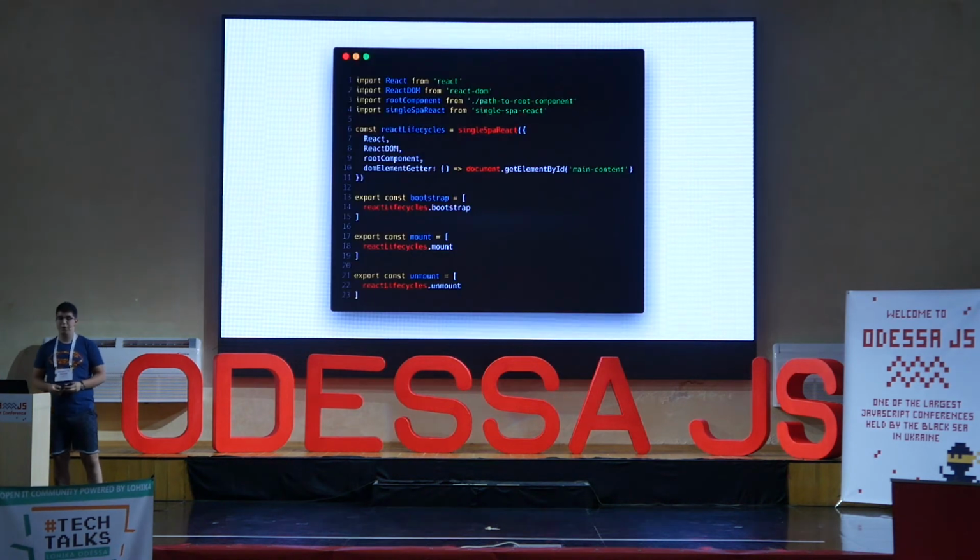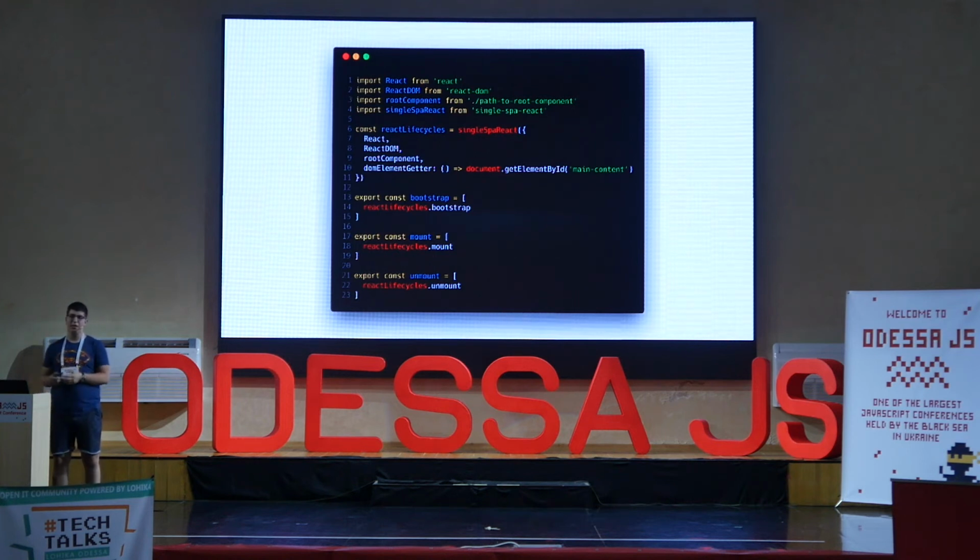Single SPA has a bunch of sub-modules that allow us to use React, Vue.js, and Angular. So for example, here, this is the single SPA React module that just gives you some code for easily bootstrapping, mounting, and unmounting the React app. So you have the single SPA React method. You just pass React DOM, the root component that should be rendered, and a DOM element getter.